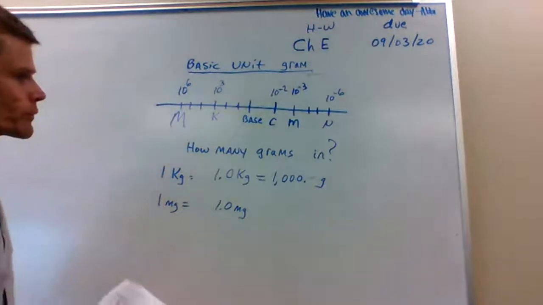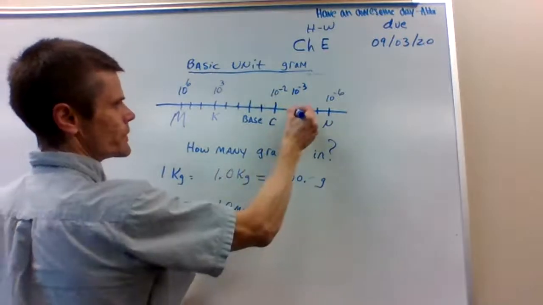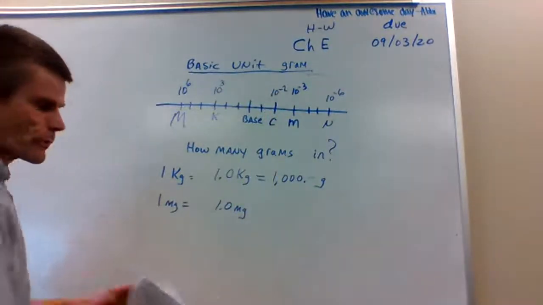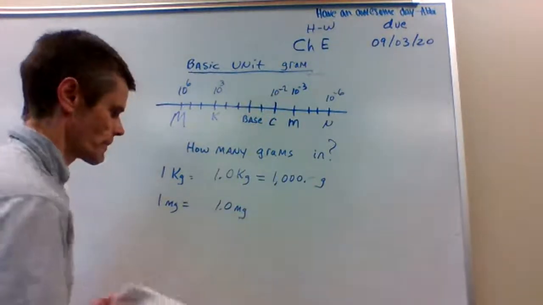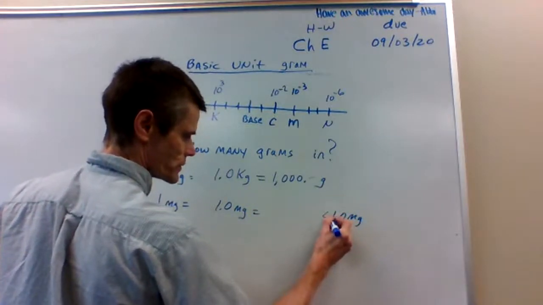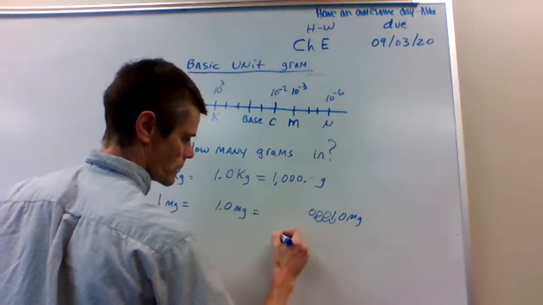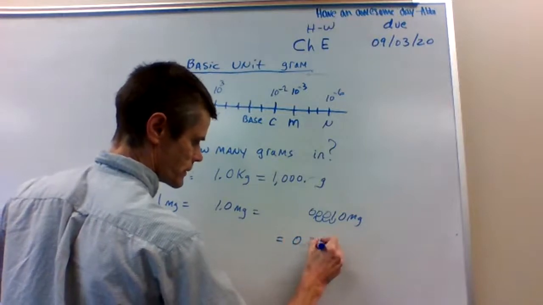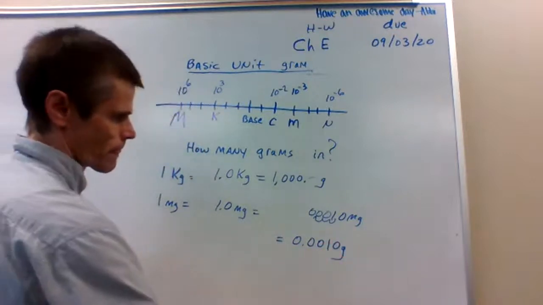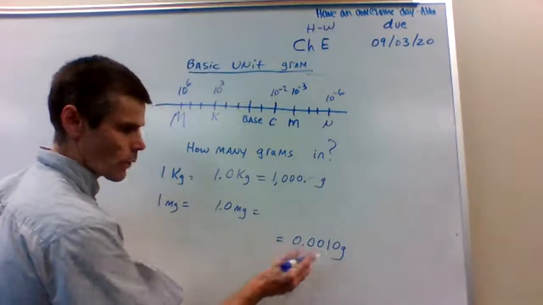Let's look at our horizontal scale. Here's our milligram. I'm sorry. We're going to move this 3 positions. 1, 2, 3. We're moving our decimal 3 positions to the left. So let's write this as 1 milligram and move it 3 positions. 1, 2, 3. 0.001 gram. 1 milligram is 0.001 gram.